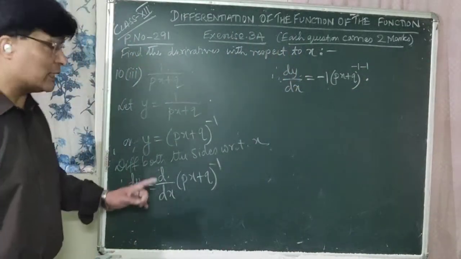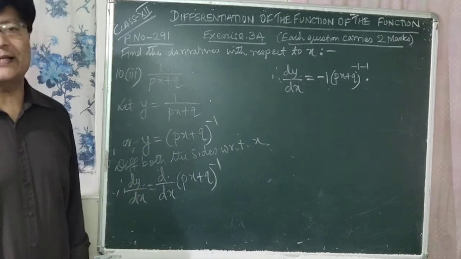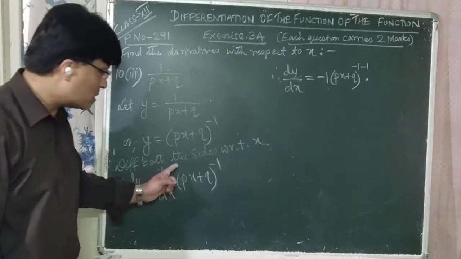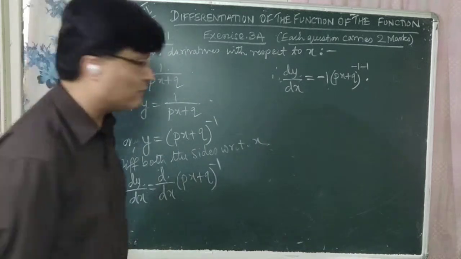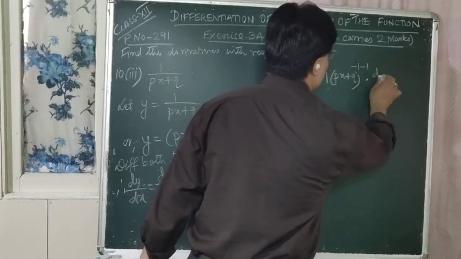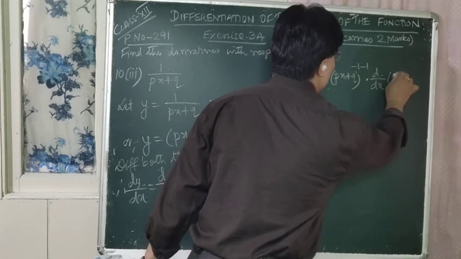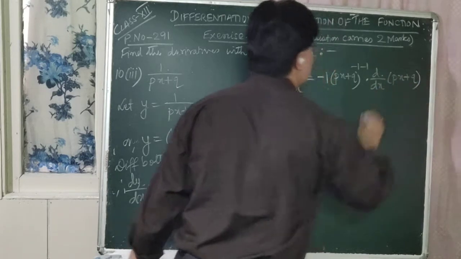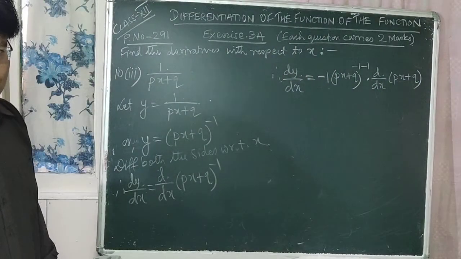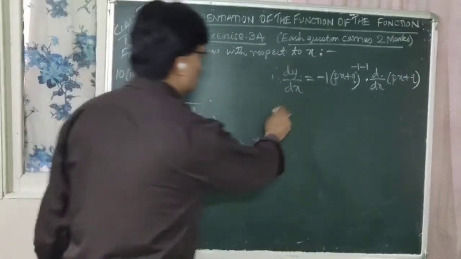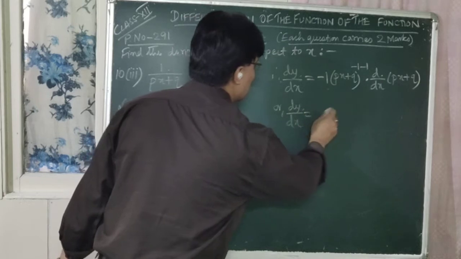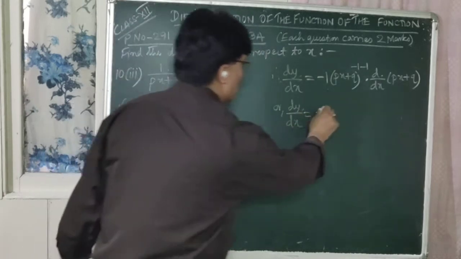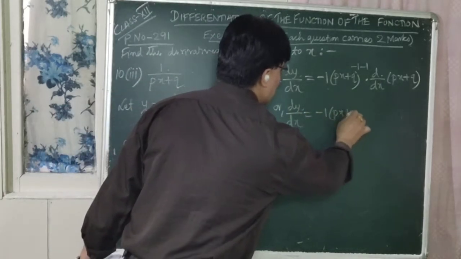Again you have to differentiate the function which is assumed as x. So which function is assumed as x? px plus q. That is also to be differentiated. That is d by dx of px plus q. Is that clear?